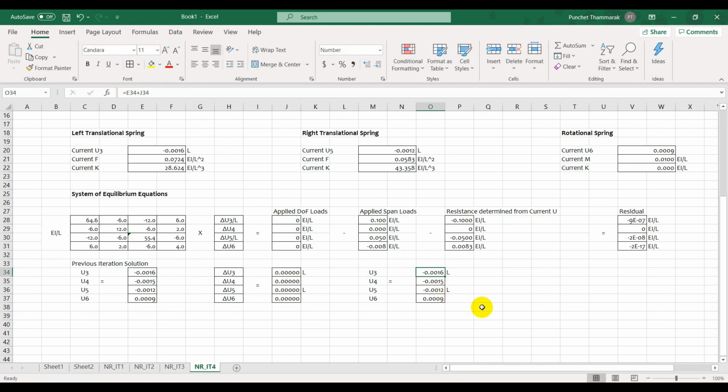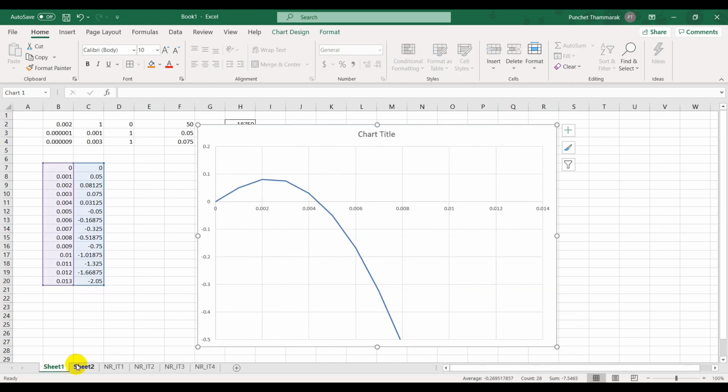So, all right, okay, looks good. Oh, so now we get the solution. 0.0016, 0.0012. Lucky that 0.0016, 0.0012 are still here.